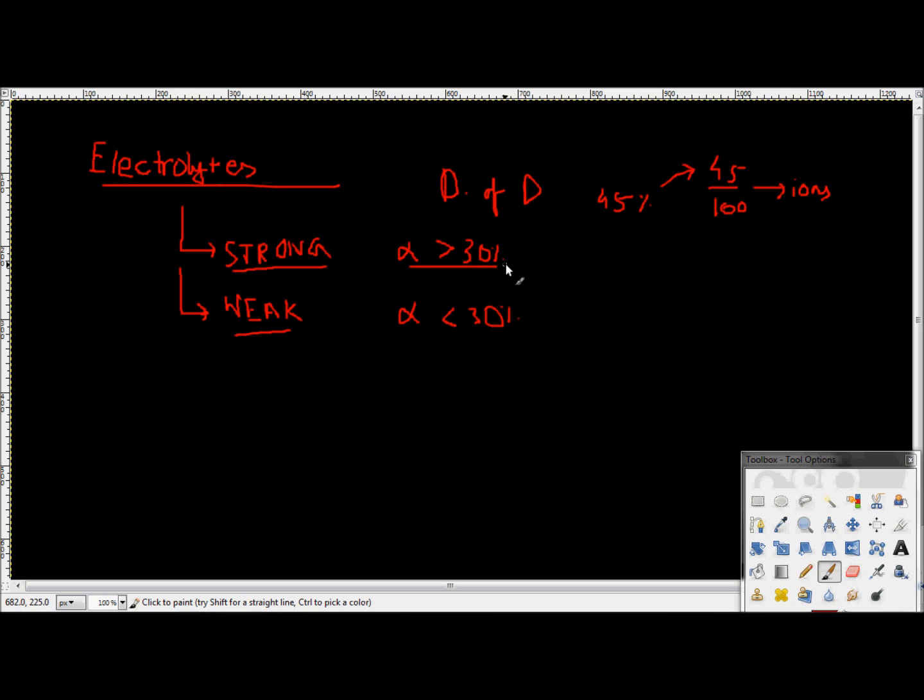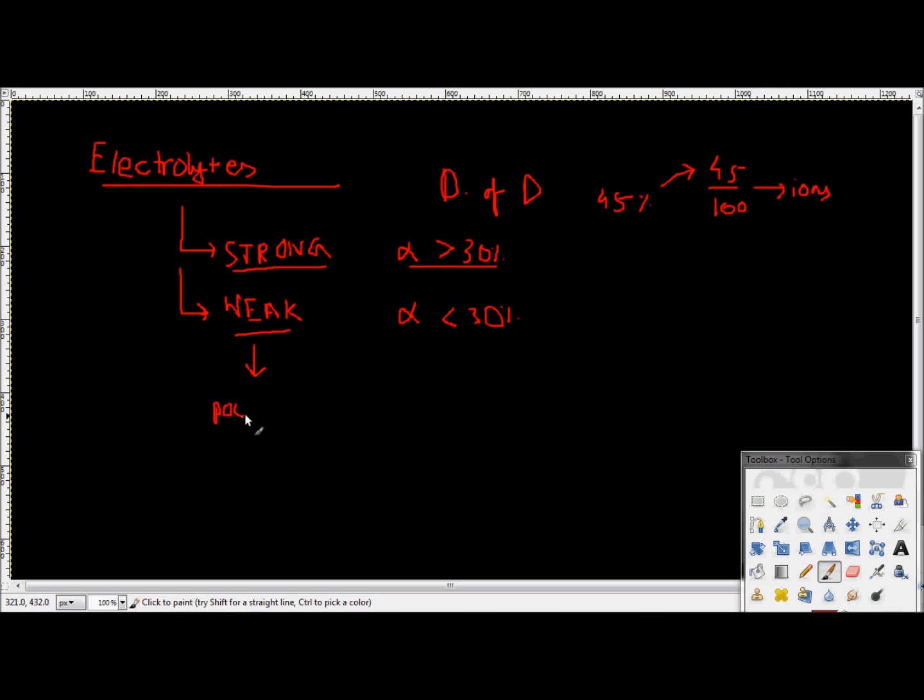So they'll have a fair amount of ions as well as undissociated molecules. And since weak electrolytes break up into a small number of ions, which in turn conduct electricity, weak electrolytes as a result will be poor conductors of electricity.